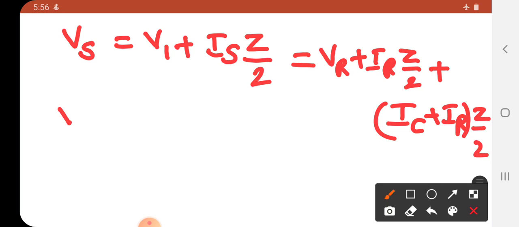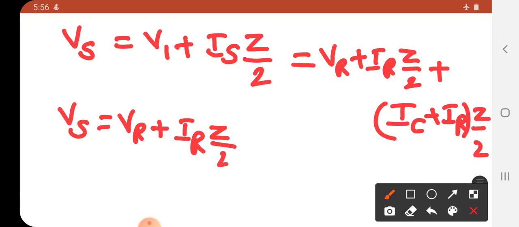Therefore Vs is equal to VR plus IR into Z by 2, plus IC, which is V1 into Y, plus IR into Z by 2.